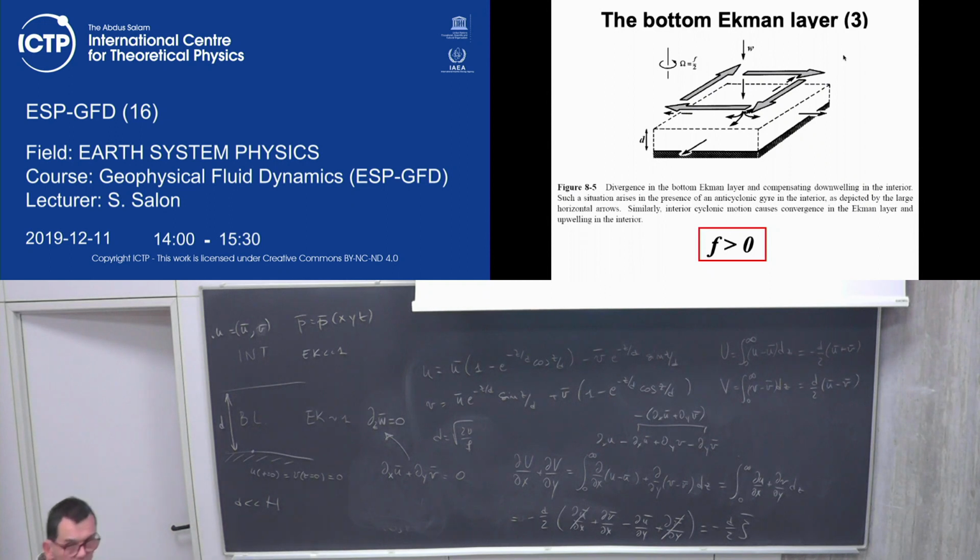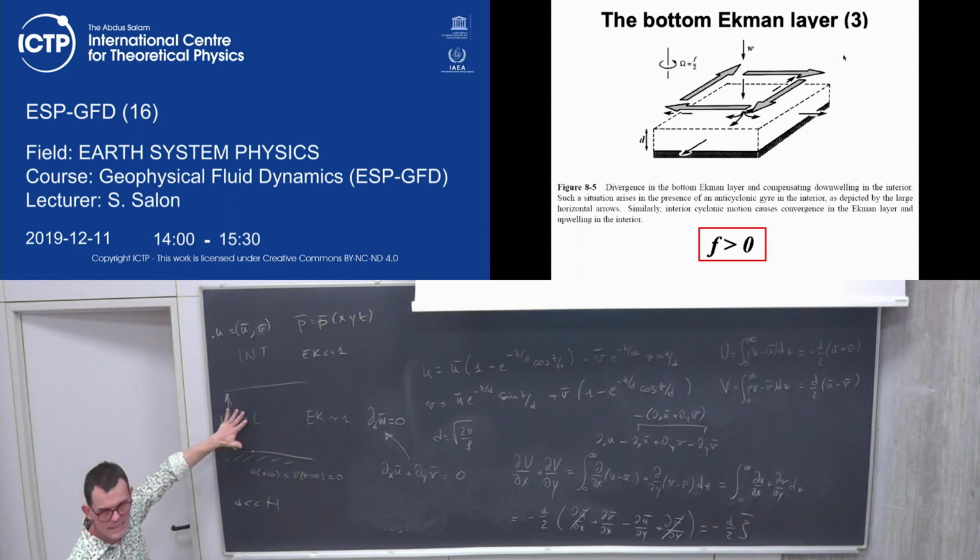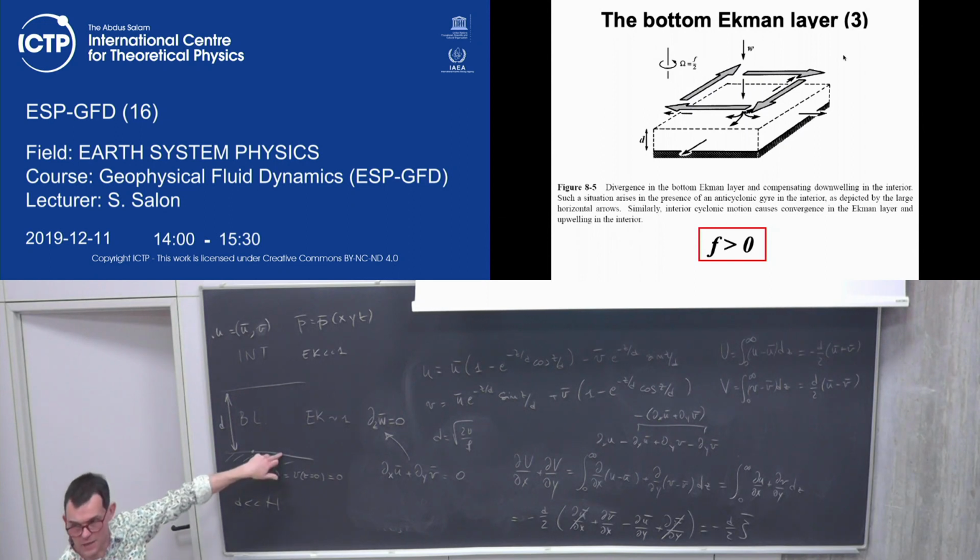We said at the beginning that if we have Ekman much smaller than 1, we do not consider any kind of boundary layer. We said that if vertical velocity is 0, here it should be 0 on the entire column. But now we have a boundary layer.